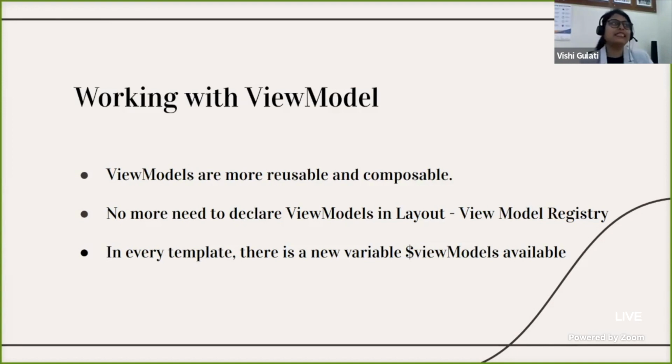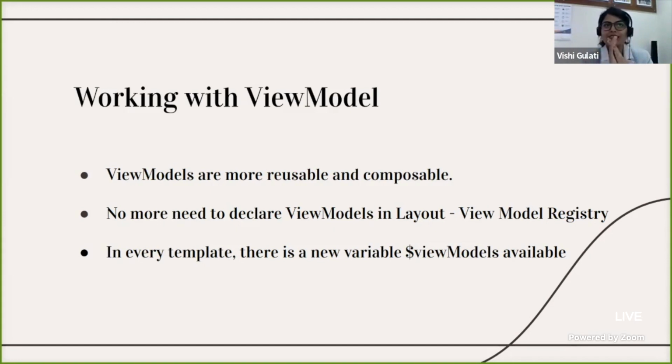The good thing about the view model registry is that you can access it directly in your templates, like you were using blocks, escapers, or helpers. You can access the view models in the same way in the template file. All you need to do is use the require function, pass your view model class, and you can easily get your view models.